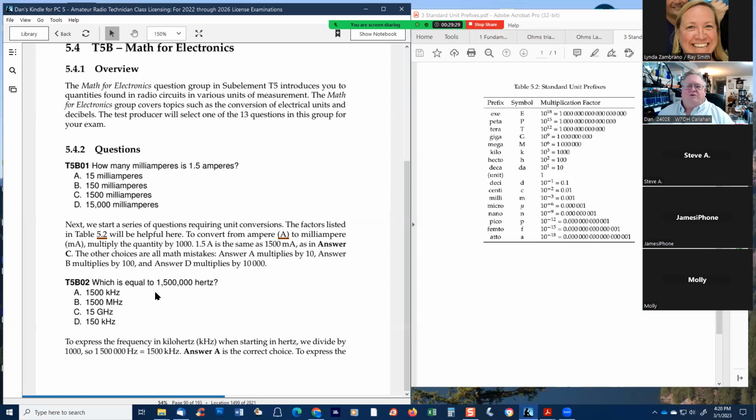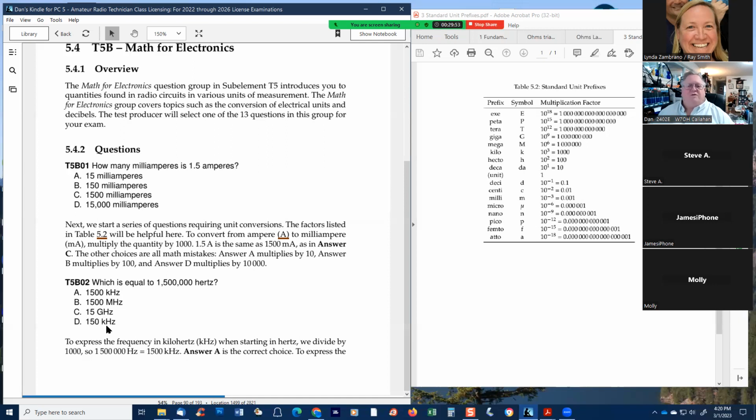Then they have the question, what's equal to 1.5 million hertz? Well, it's not 1,500 million hertz. What would it be here? The only thing that matches, this is too big a number. That's already a million. Gigahertz is 1,000 more.